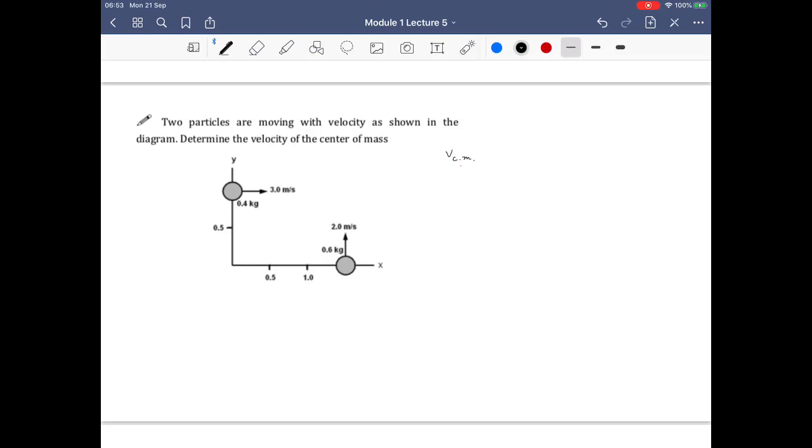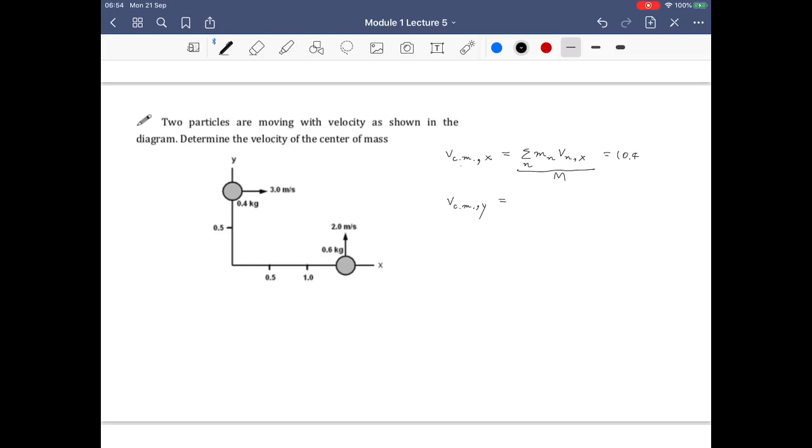Similarly to the position of the center of mass, we can talk about the velocity in the x direction and the velocity in the y direction. I just write down separately here: the velocity of the center of mass in the x direction is equal to the summation over n of mn vn in the x direction, divided by the whole mass.